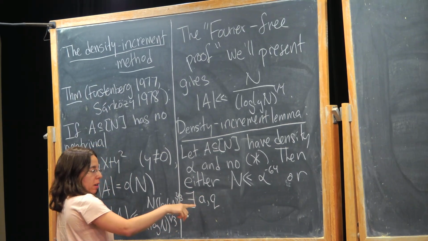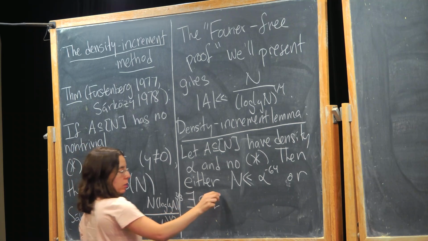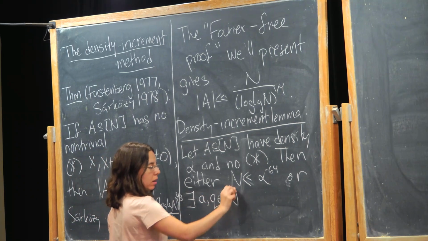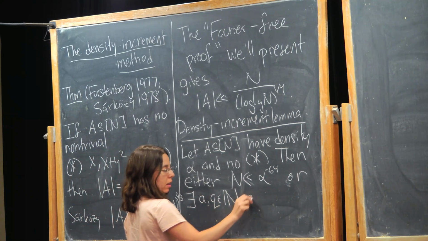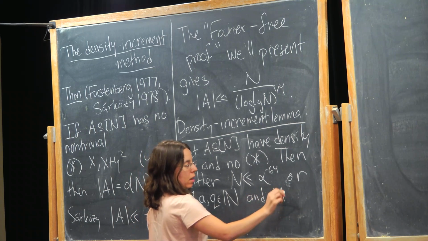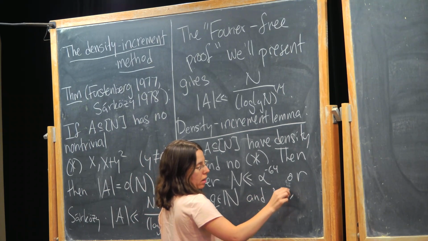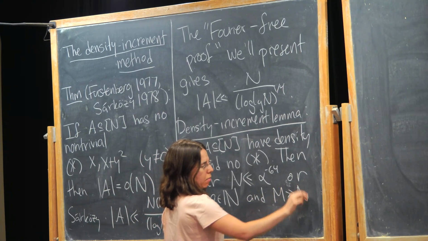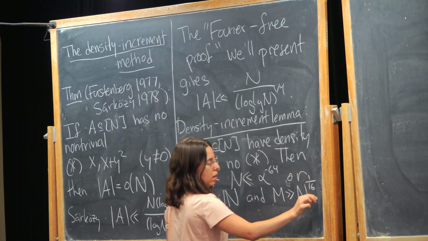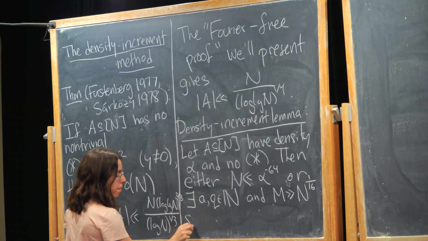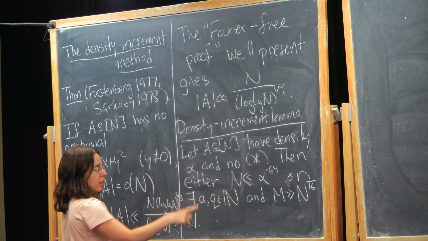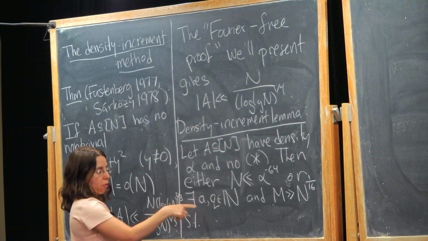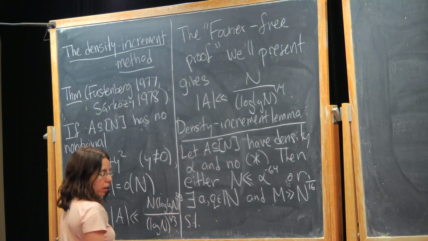there exists an arithmetic progression with base point a and common difference q, of length m that's at least, say, a constant times n to the 1 over 16, such that A has density at least alpha plus alpha to the 4th over 4 on this progression.